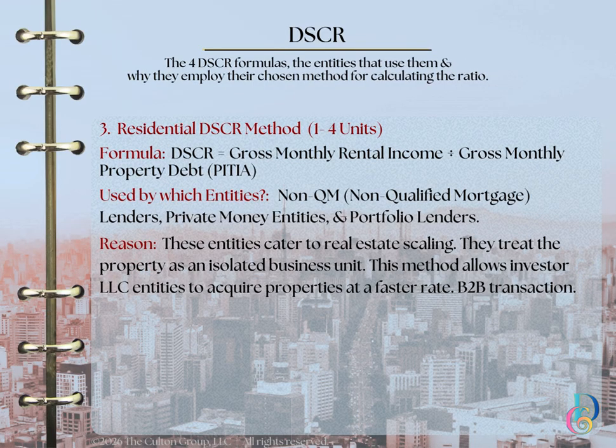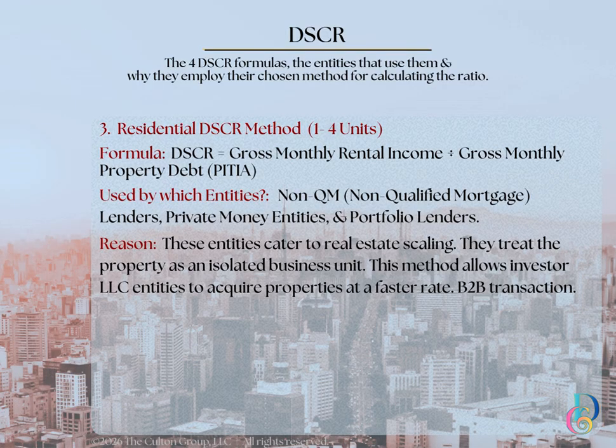Okay, residential DSCR method. 1 to 4 units of investment property. The golden rule is no owner occupied. So a single family residence is allowed, but the investor cannot live there. These are investment properties only. So that's a single family, duplex, triplex, and the quad.